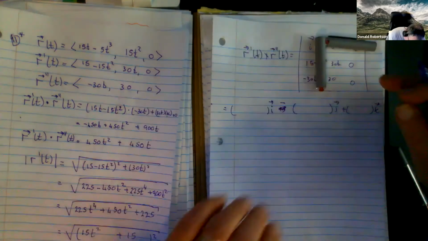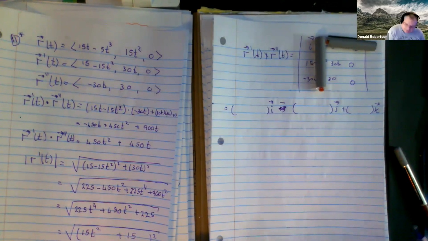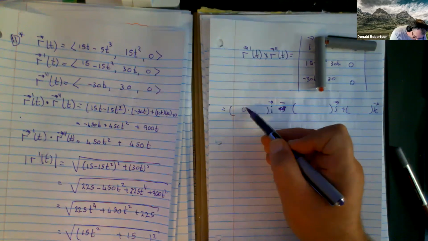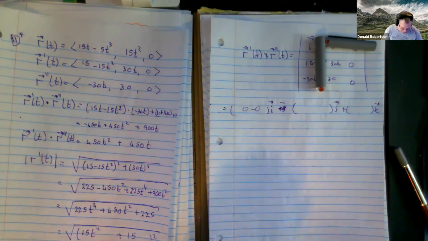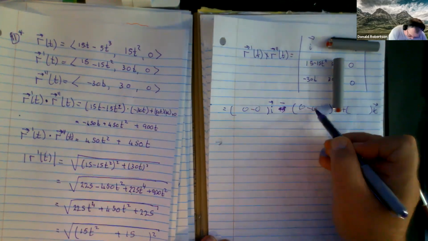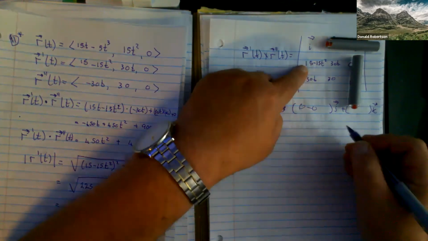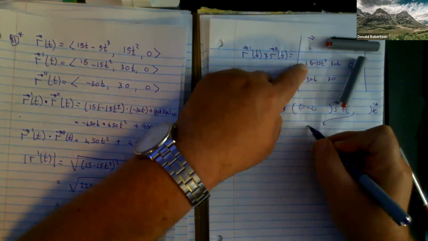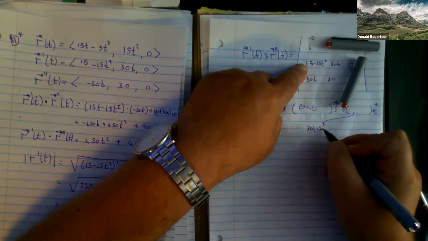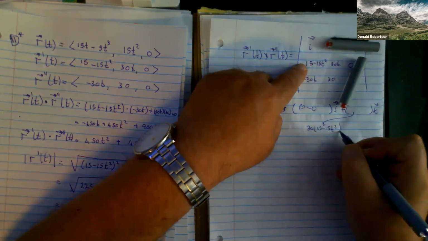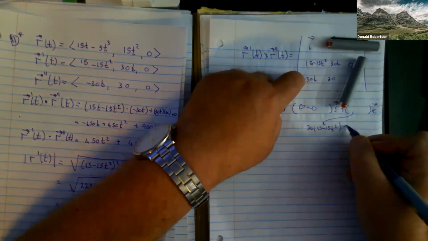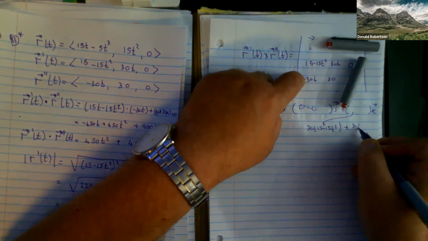If we cover up this one, I like that. Would you agree? 0 take away 0. Not much happening there. The middle one, 0 take away 0. The last one is 30 lots of 15 take away 15t squared, subtract negative, so let's add 30t times 30t.